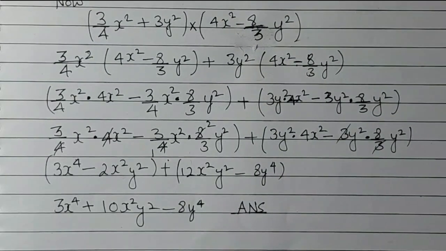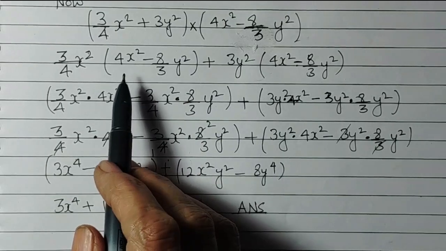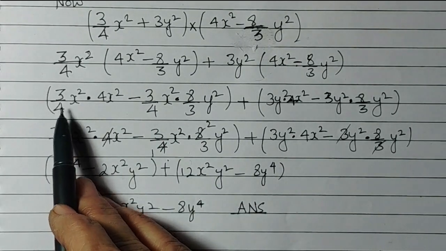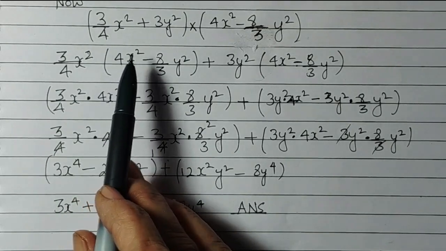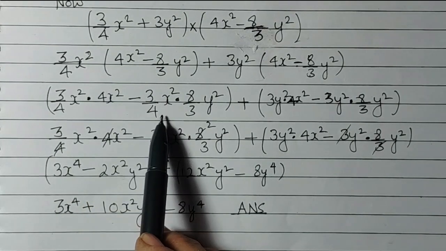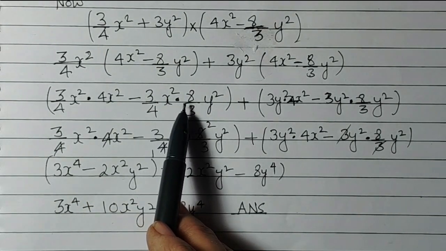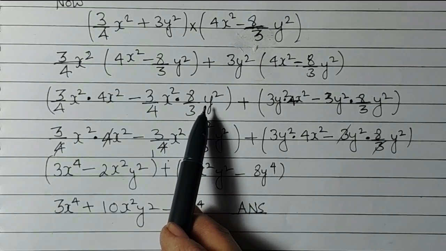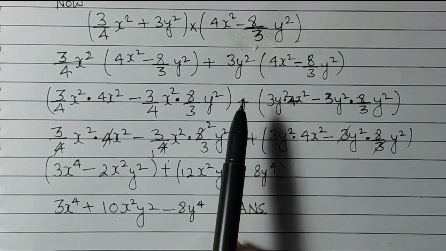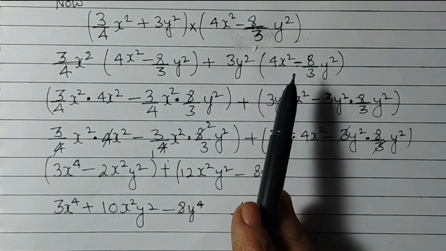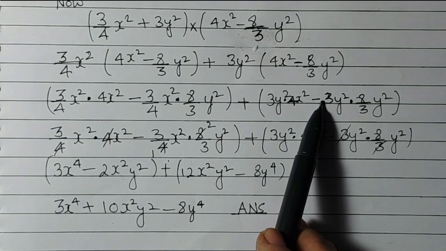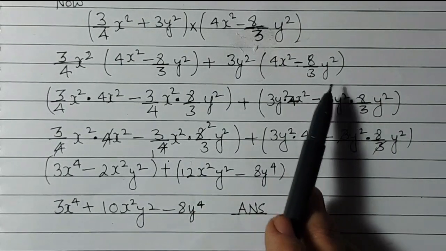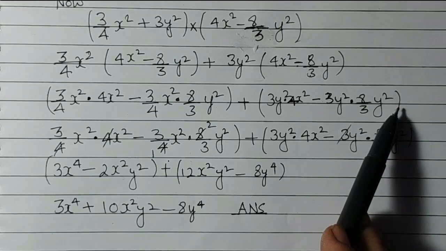So now the first bracket becomes, after multiplication, 3/4 x² into 4x² minus 3/4 x² into 8/3 y² plus, this term is 3y² into 4x² minus 3y² into 8/3 y².